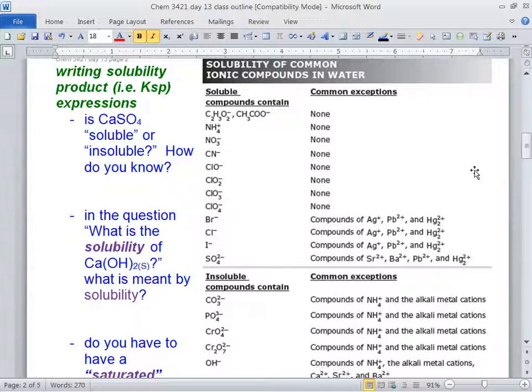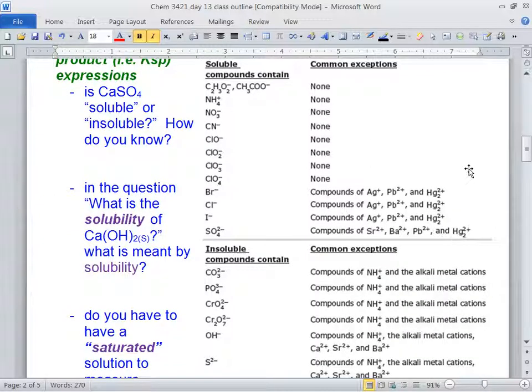Ksp expressions. So in general chemistry, we had a solubility table, and I don't know if you had this one or not, but it was something like this. So we answered questions like, is calcium sulfate soluble or insoluble? And you're supposed to be able to use the table, Monica, to do this.